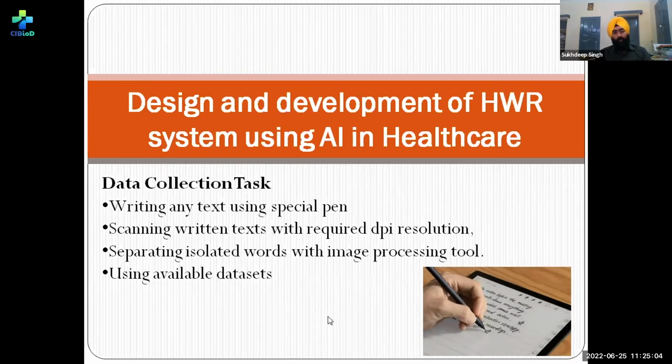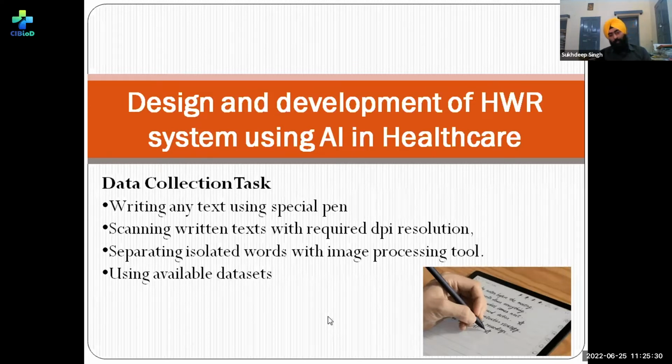We can use or divide that data set into train and test data sets. If there is no benchmark data set available for the development of a HWR system in healthcare, we will have to first collect data from different writers.